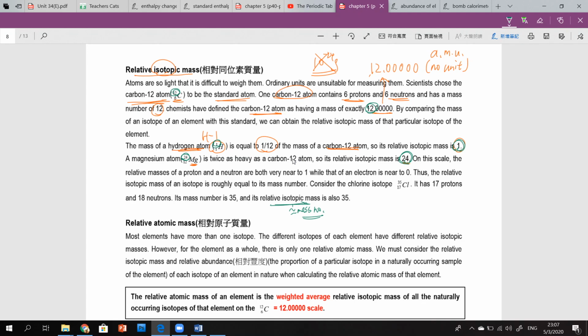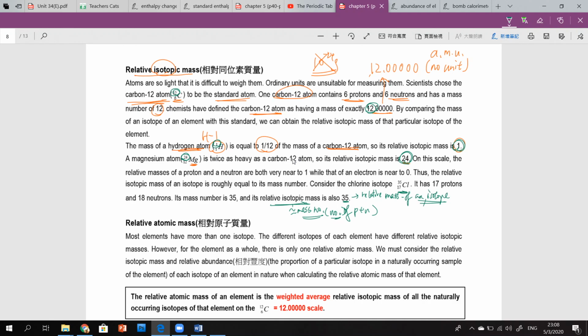Okay, so first of all, mass number, I count it as a number, of course. I count the number of what? Number of protons and neutrons. But if you talk about relative isotopic mass, for example, chlorine-35, which means that 35 is a relative number, the relative mass when you compare with carbon-12.